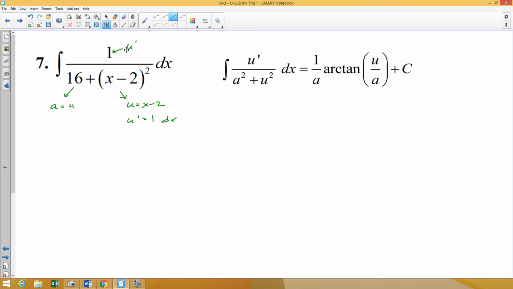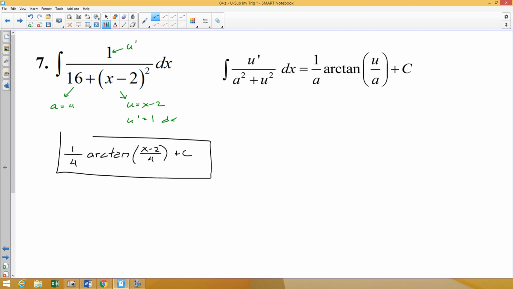So this problem is already in the form u prime over a squared plus u squared, which ends up being 1 over a arctan of u over a. So the answer is going to be 1 over my a, which is 4, arctan of u over a, which would be the quantity x minus 2, over 4, plus c, and there is your antiderivative.